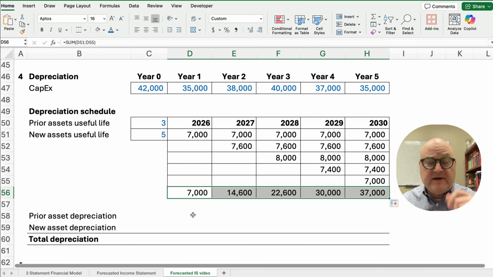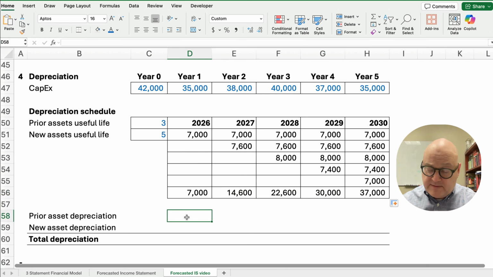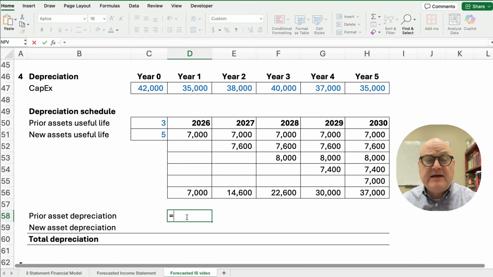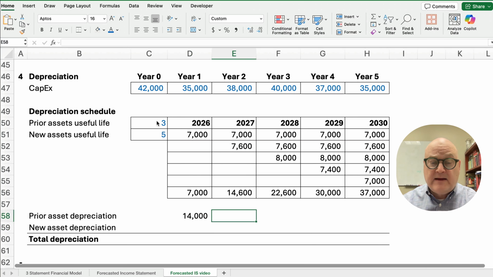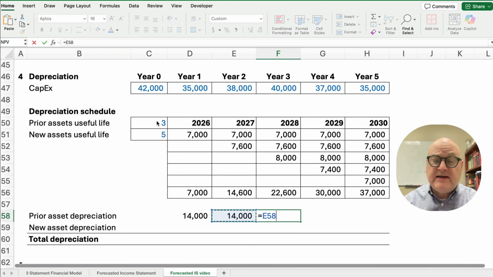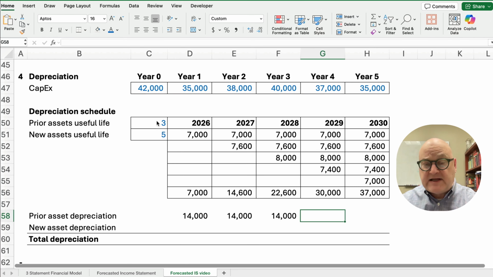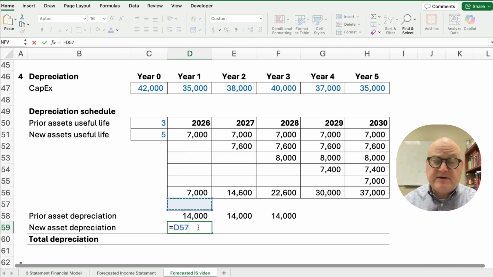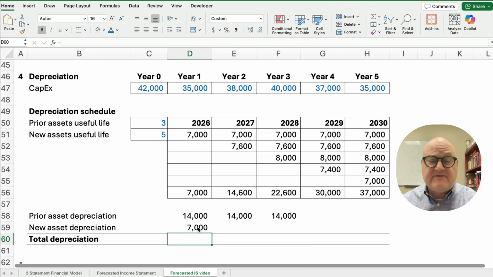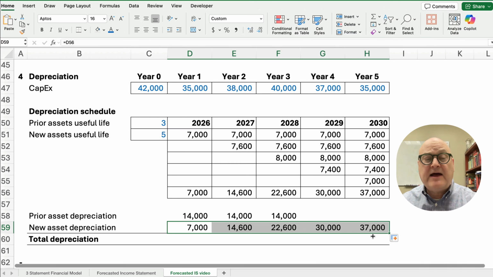So for the prior year assets, depreciation is going to be 42,000 divided by 3. That's going to be 14,000 for years 1, 2, and 3, and then it's going to be 0, so we're going to stop. And then we'll take the current depreciation each year of 7,000 for each of the plant assets that we buy, or the capital expenditure, or CapEx.